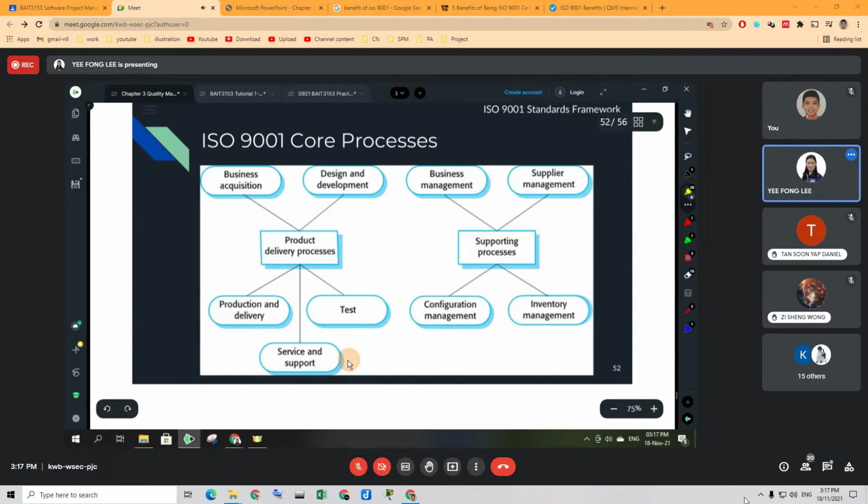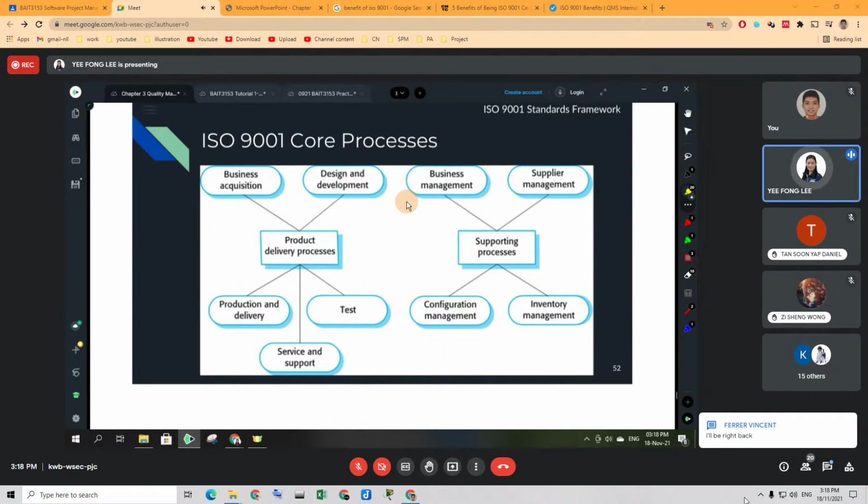All right, so this ISO 9001 standard does not define the specific quality processes that a company should use. All right, I rephrase my sentence. This one is important. These are the guidelines. Okay, ISO 9001, this is a guideline. This standard does not prescribe specific quality processes that a company should use.